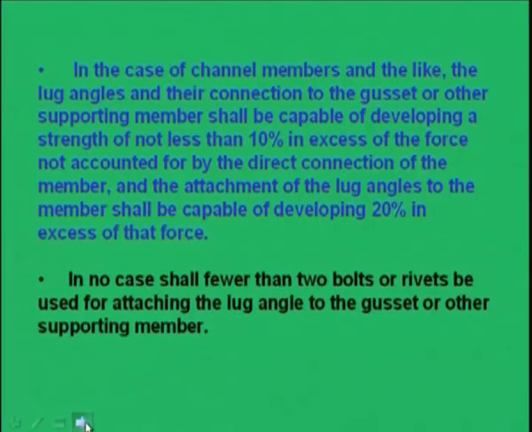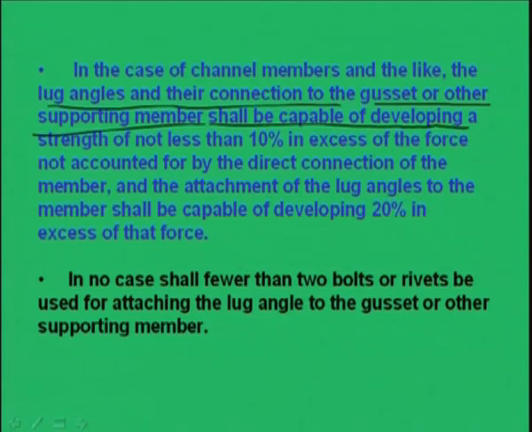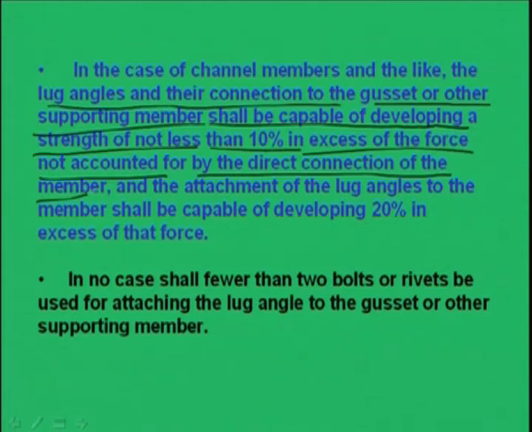Another provision is, in the case of channel members and the like, the lug angles and their connections to the gusset or other supporting member shall be capable of developing a strength not less than 10% in excess of the force not accounted for by the direct connection of the member, and the attachment of the lug angles to the member shall be capable of developing 20% in excess of the force.